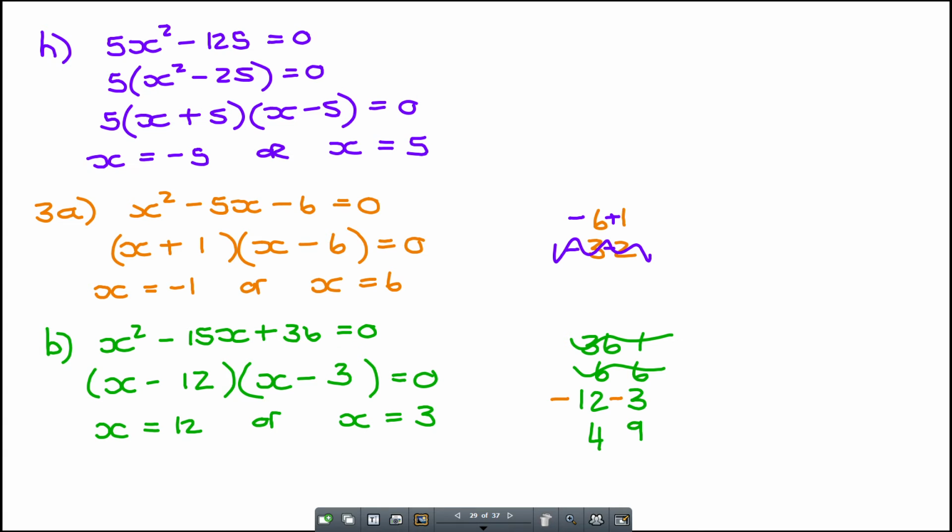Right, there's H and then 3A and B. I'm assuming I might have to explain, but first copy.